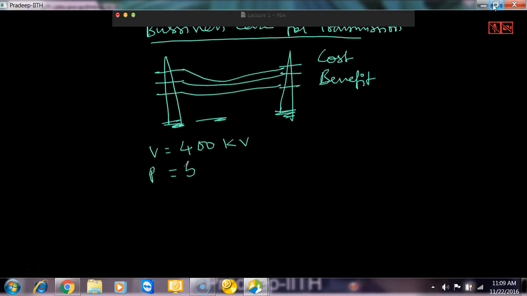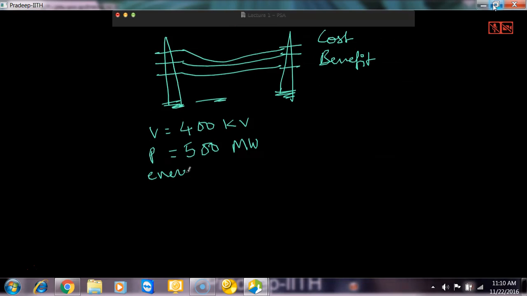So that means if I measure the power flowing in this line when it is fully loaded, it will be about 500 megawatts. So now I can make an estimate of the energy in 1 hour.